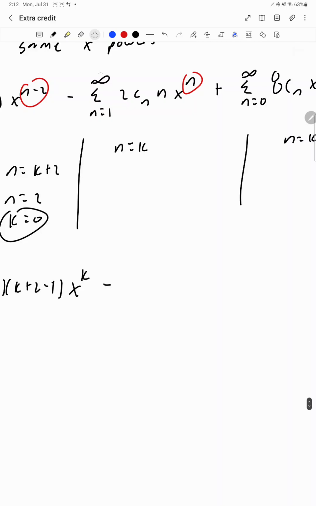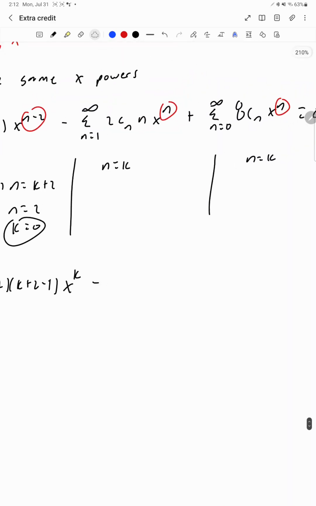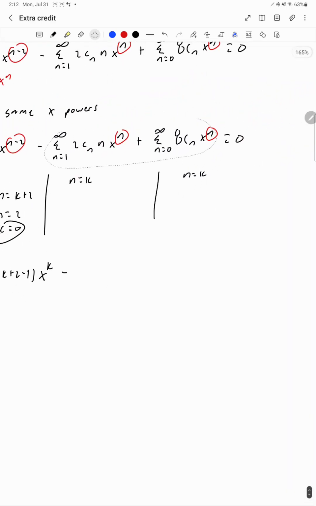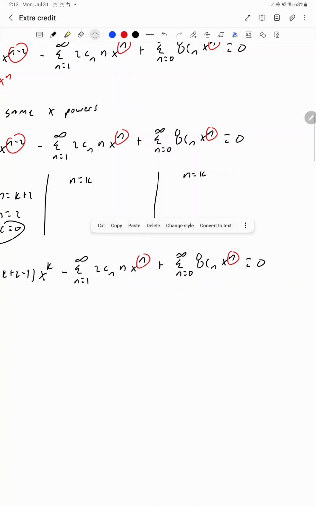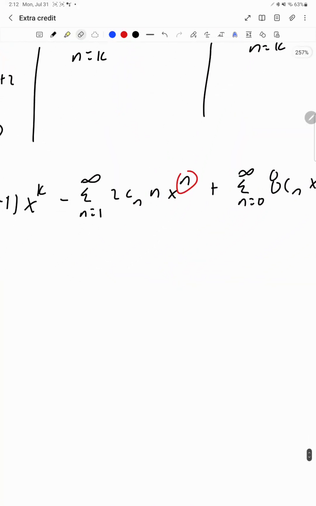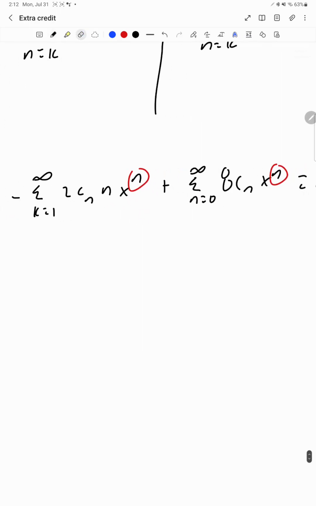So I'm just going to copy paste these sums and then change all the n's to k's, because copy pasting is just easier. So then this becomes k equals 1, and then these are all k's.